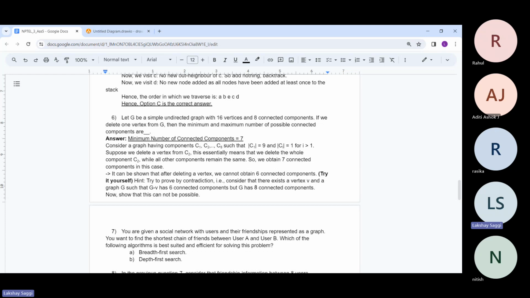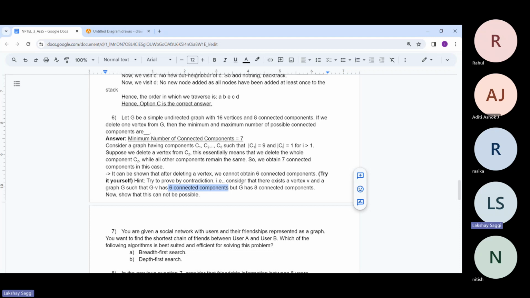How do we show this? The high level idea is, you see this vertex V and these six connected components. Now we would have some edges to all of these components. If V has an edge to any of these components, then the original graph G will also have only six components, so that can't be the case. So V does not have any edge to any of these six connected components, which means that V is a singleton component of its own.